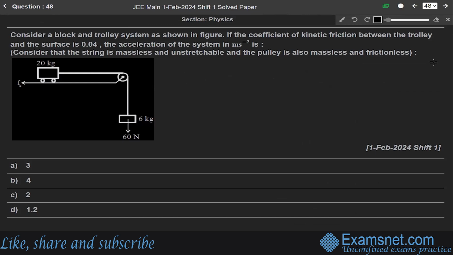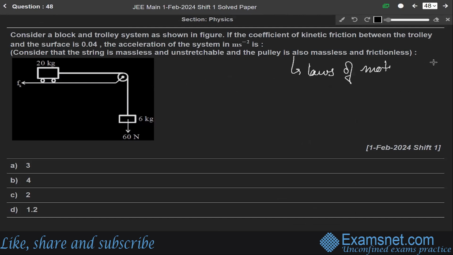Now next question, 48. Consider a block and a trolley system as shown in the figure. If the coefficient of kinetic friction between the trolley and the surface is 0.04, the acceleration of the system in meter per second square is. This question is from the chapter of laws of motion.